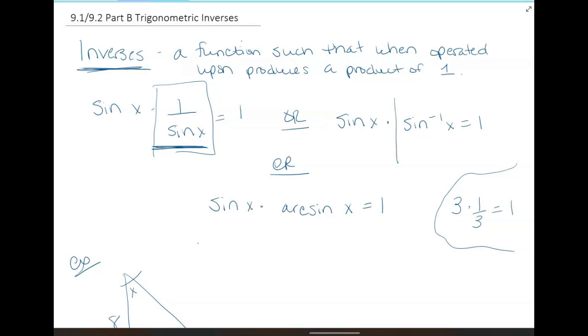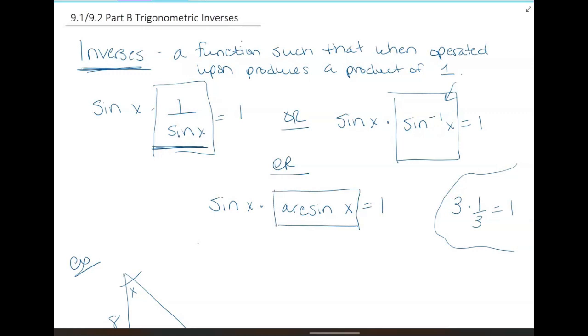The most common way, and the way that we are going to use, is the second one. It's with the -1 up in the superscript. So when you take sine, and we call it inverse sine, you multiply them together, you get the product of 1. And then a trend in the last 20 years you see a lot is something called the arc sine.